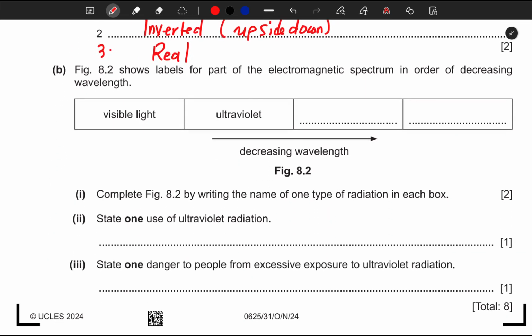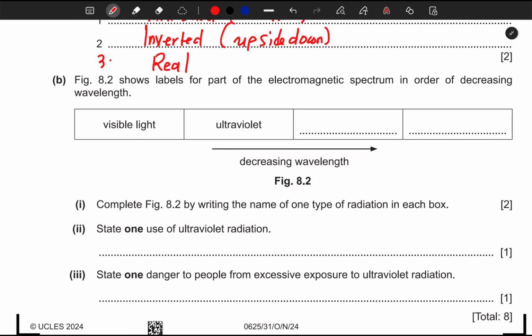But let's go to part B as well. Figure 8.2 shows labels for part of the electromagnetic spectrum in order of decreasing wavelength. So the wavelength is decreasing. We have visible, ultraviolet, and so forth. Of course, if the wavelength is decreasing, that means the last one should be gamma, and the first one is always radio. Because as you decrease the wavelength, frequency increases.